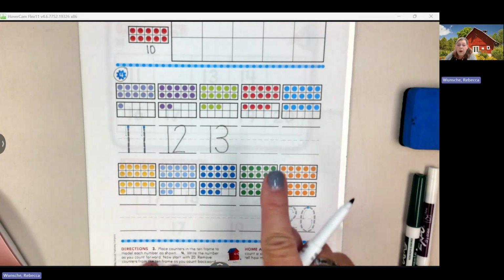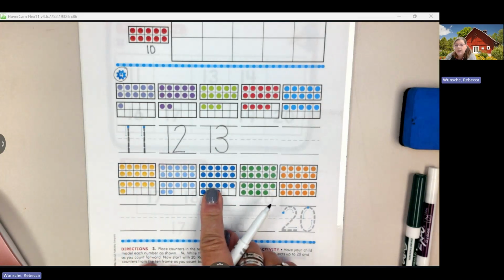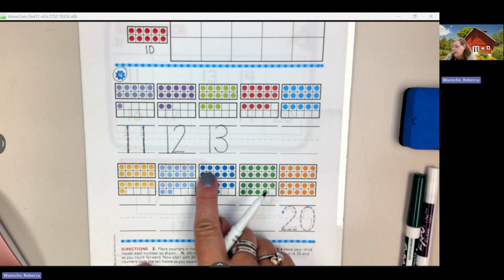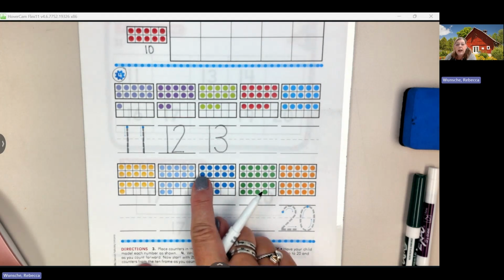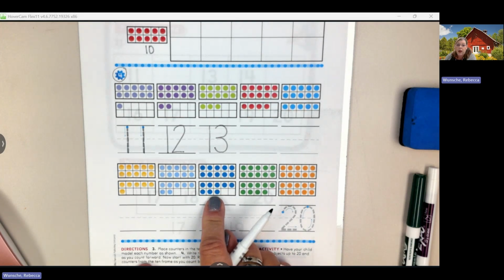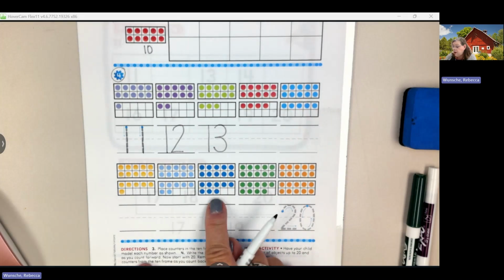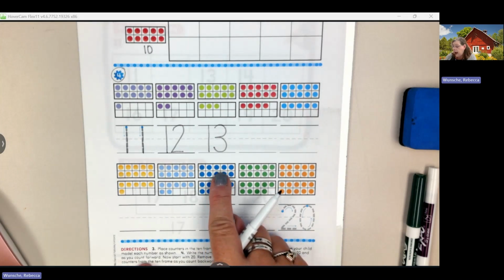I can jump all the way down here to this 10 frame problem right here. And look, my dark blue dots show me this 10 frame is full. I don't have to count all of them. And there's a lot of dots here. I don't have to count all of these dots. My eyes tell me this is 10. It's all full.